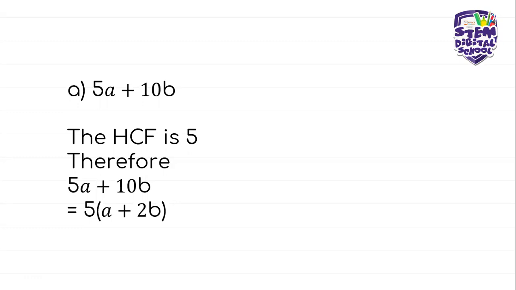The factorized expression is characterized as such, and then that will be 5 open bracket a plus 2b. The reason being we've taken out 5 as the common factor, and not just the common factor, but the highest common factor. Right, and then that is the first one.